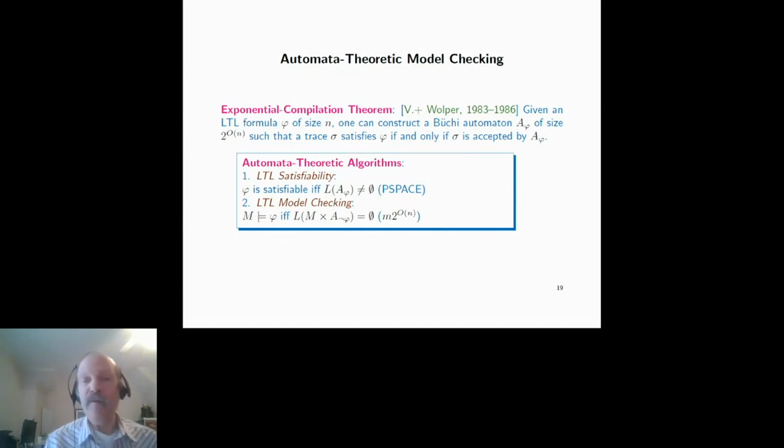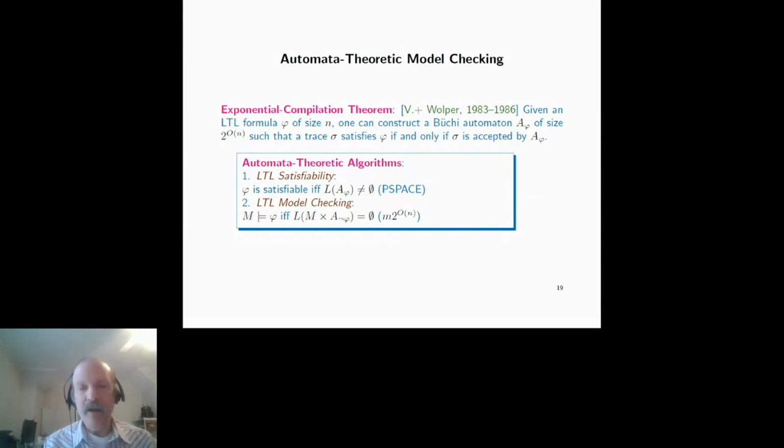But this would give you automata of non-elementary size, that is 2 to the 2 to the 2 to the n, where the tower is of linear size. What Pierre Wolper and I showed in some papers is that you can actually collapse all these towers, and you can do it in one exponential.